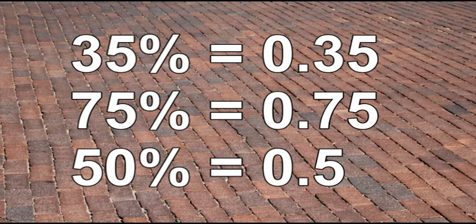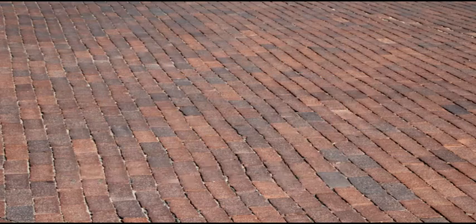That's what we did with 35%, 75%, and 50%. 35% would be 35 pennies, 75% would be 75 pennies, 50% would be 50 pennies, but we don't need the zero in the hundreds place.